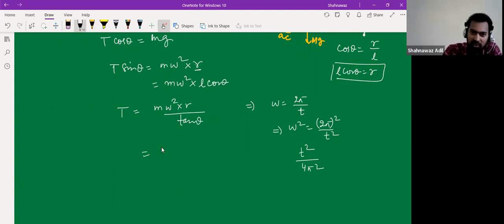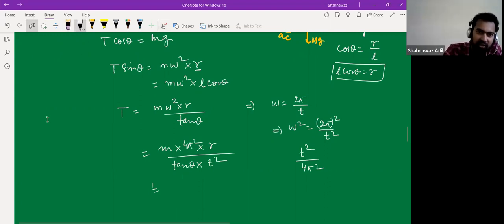So this will be m and 4 pi square, R, and then tan theta into T square. Right. So what did you get, Marita? 1470, something like that. 1417 pi square. Did you get this answer?